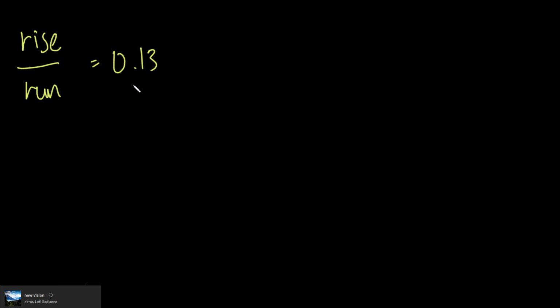So let's look at option A. And let's break down the question. Option A gives us this triangle and gives us 130 here. The units don't really matter, and 100 here. So in this case, we have our rise over run.